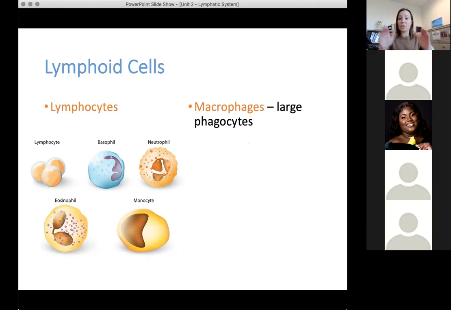They surround it, ingest it, and use digestive enzymes to break down and destroy it. Macrophages are just really large phagocytes, and they destroy any foreign material or invaders that don't belong in the body.